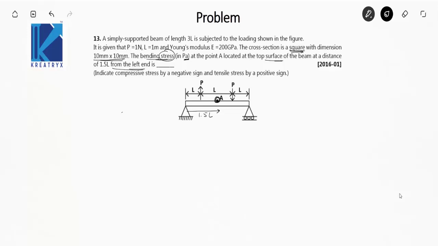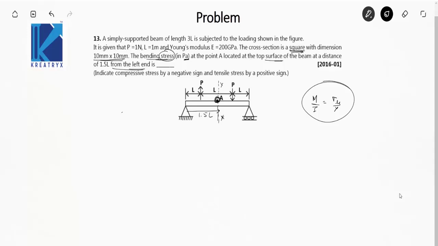So for finding the bending stress at point A, I have to find first the moment at point A. That is how I can find bending stress, by the bending equation, because M by I is equal to sigma b by y. If I find the moment at the cross section passing through A, I will be able to find the bending stress at this cross section.